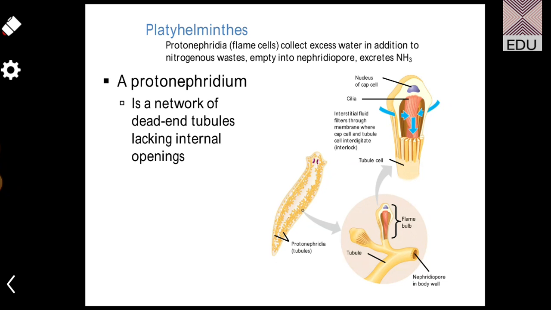So every flame cell has a capillary tube, and this capillary tube is very thin. This is a single celled thin tube from which the important things which are required by this animal will be taken back, and those will be coming from the capillary to outside. So this process is called reabsorption.